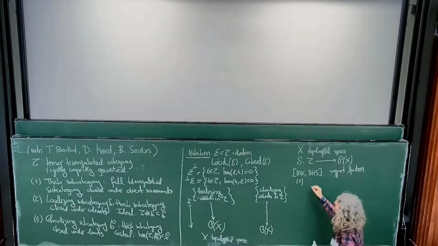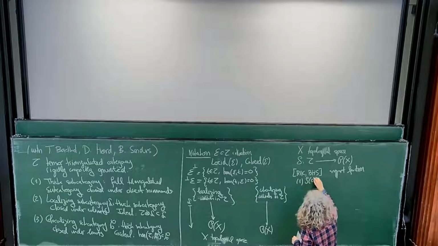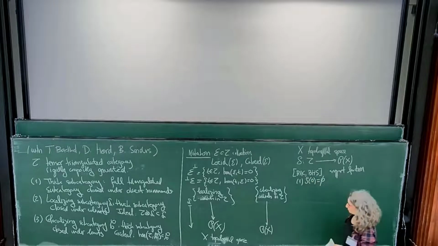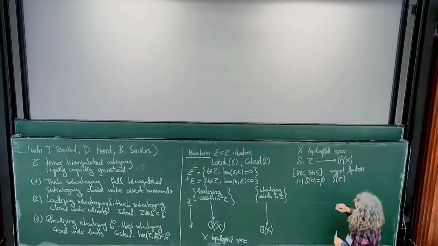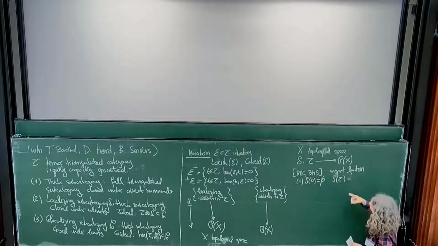The first thing is that the support of the zero object is the empty set, and that the support of the whole category is X.